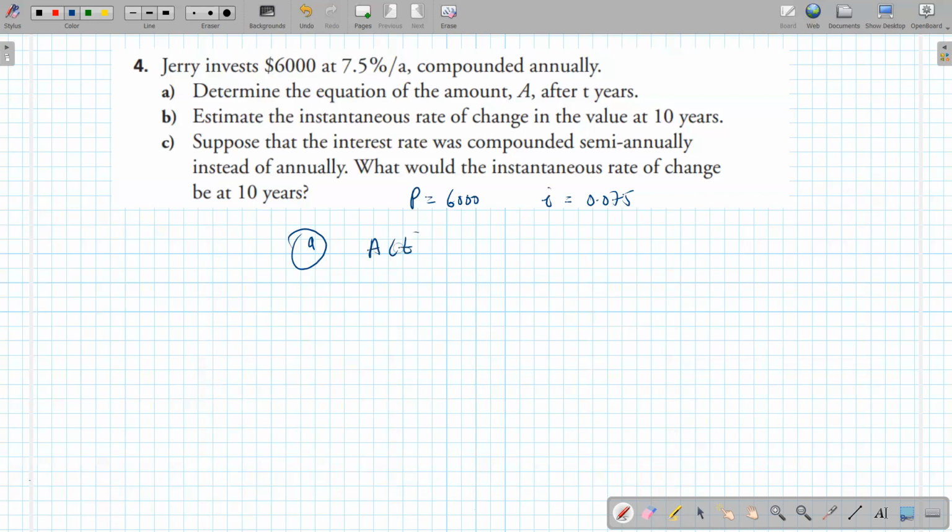Your amount after t years becomes your principal amount times 1 plus the interest rate, to the power of t. So here, your final amount will be 6,000 times 1.075 to the power of t. That's the answer to part A.